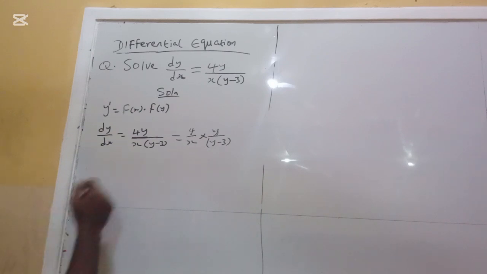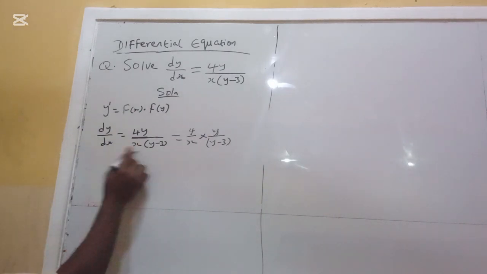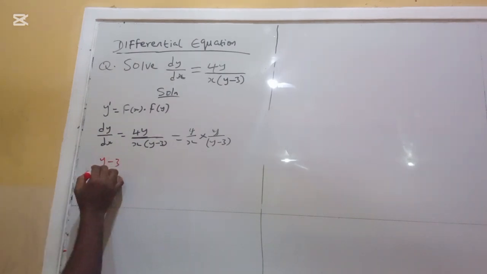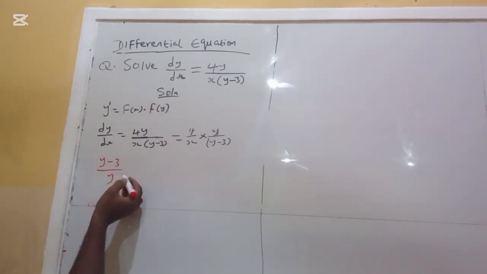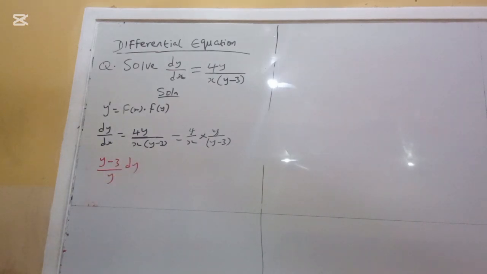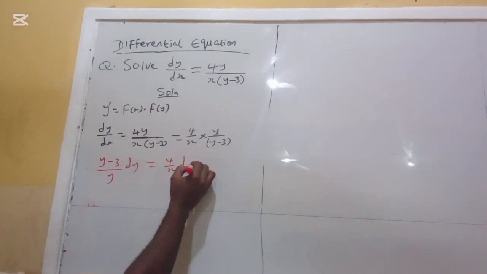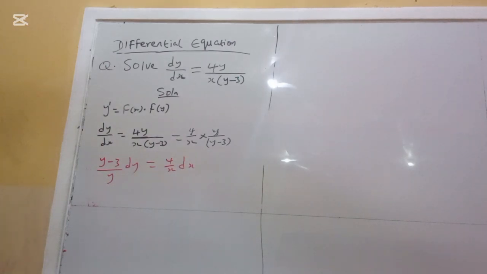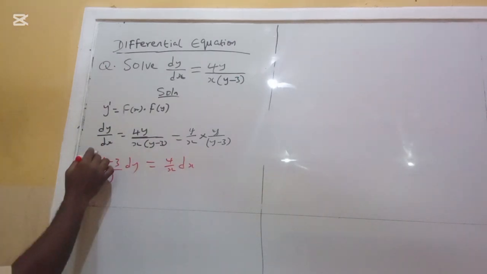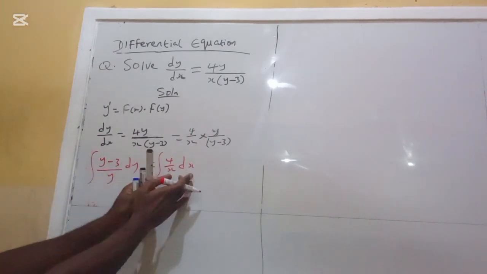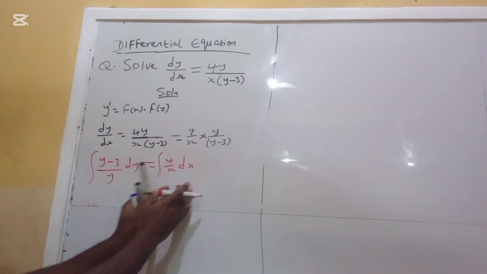So when we do that, we're going to have (y take away 3) divided by y, dy, equals 4 over x, dx. Integrating both sides, you see that we have separated the function of y from the function of x.